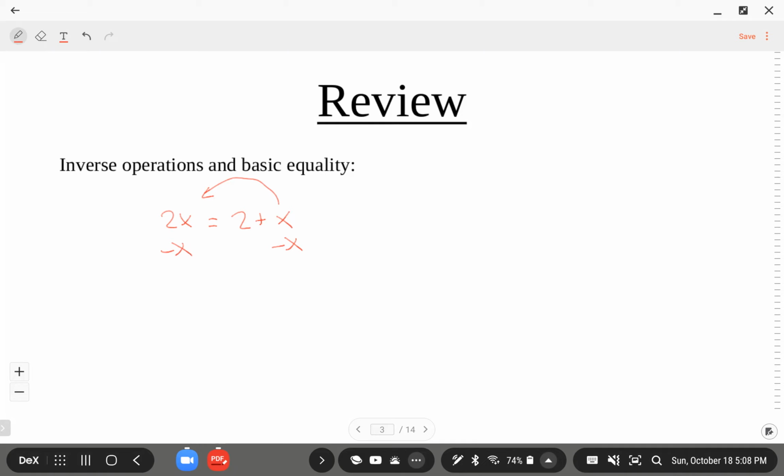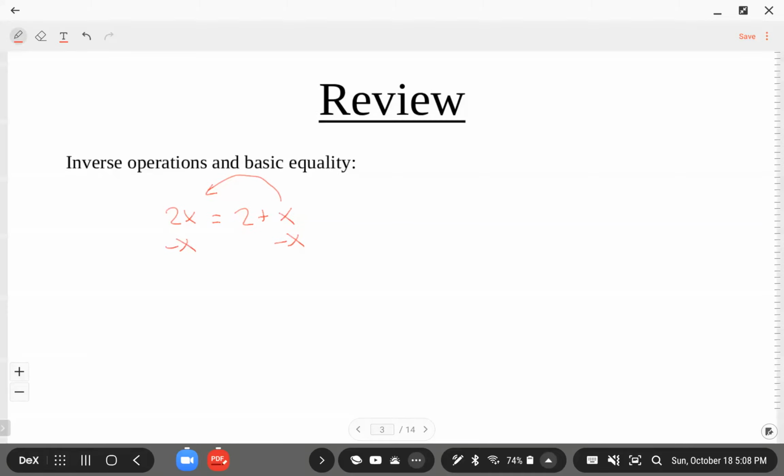And to do that, you have to subtract x from the right-hand side. And remember, this is an equation. So remember basic equality, you have to subtract x from both sides. What you do to one thing, you have to do to the other.